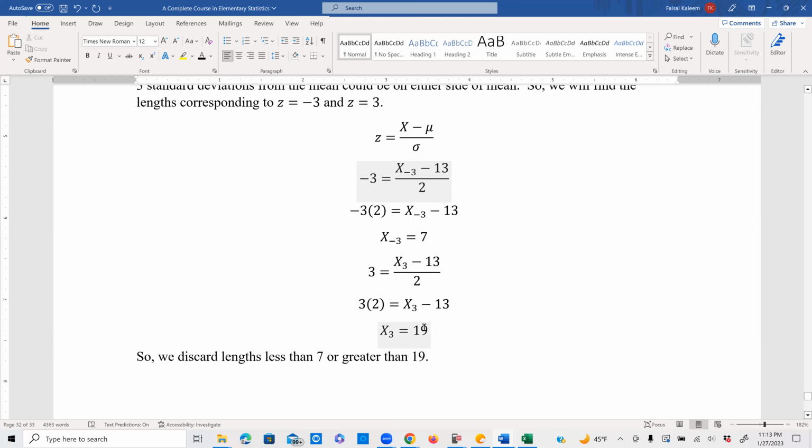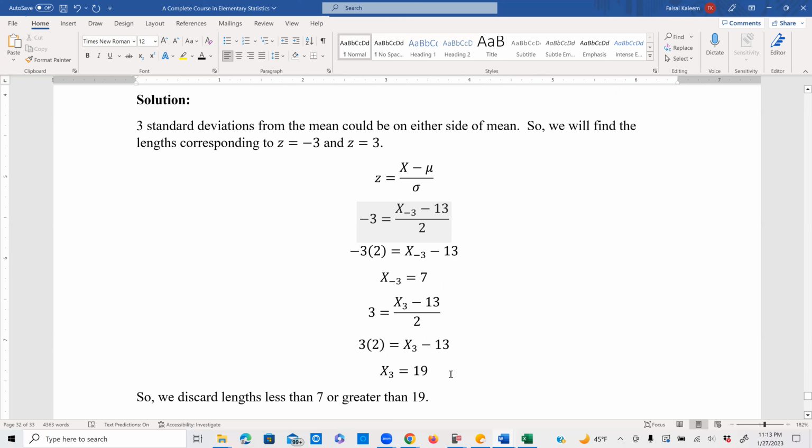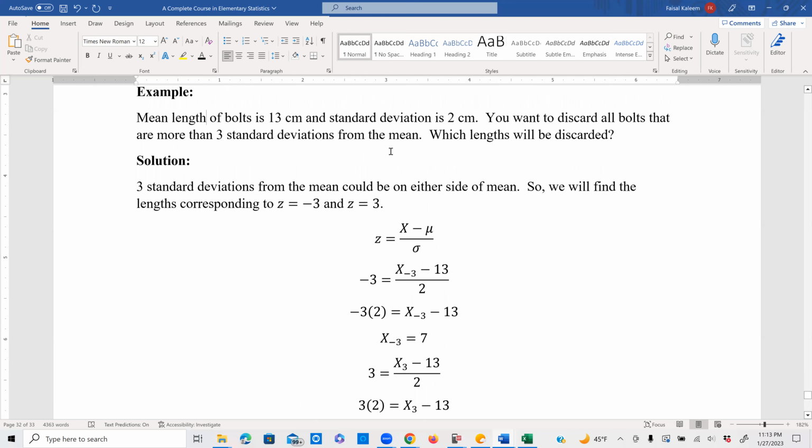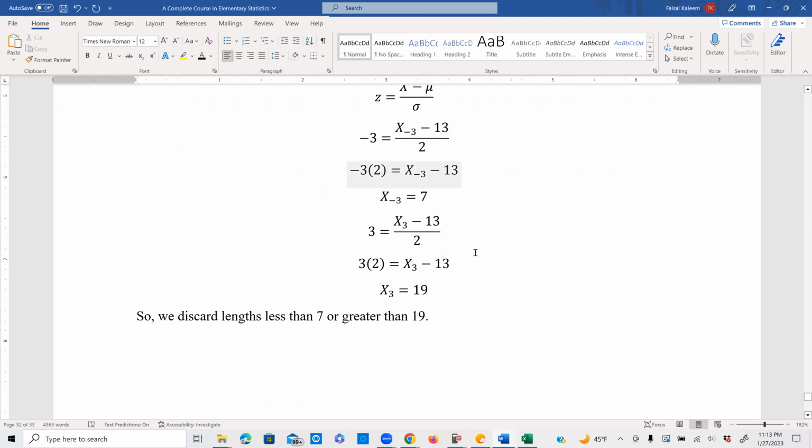So we discard lengths that are less than 7 or greater than 19, because we are to discard lengths that are more than 3 standard deviations from the mean.